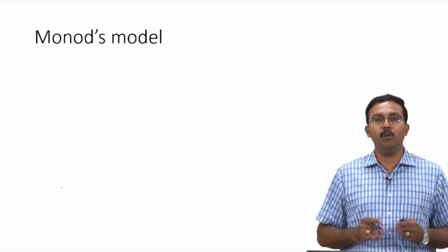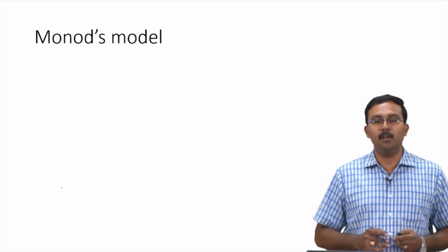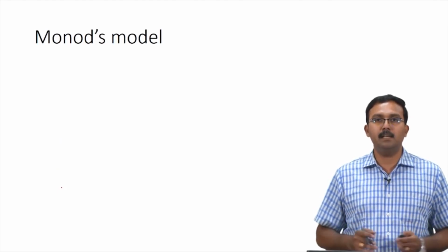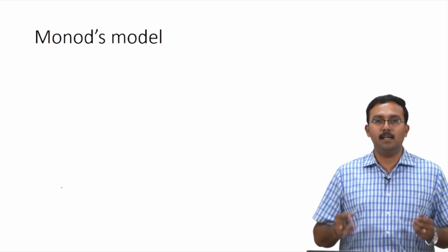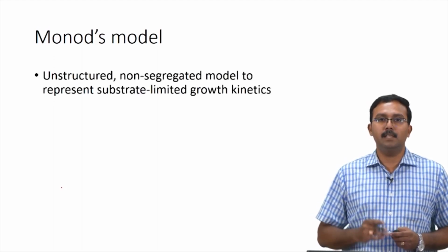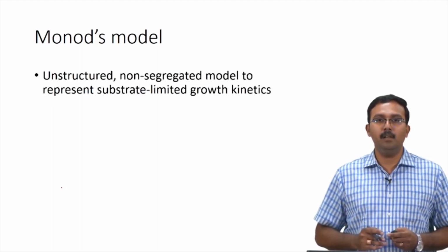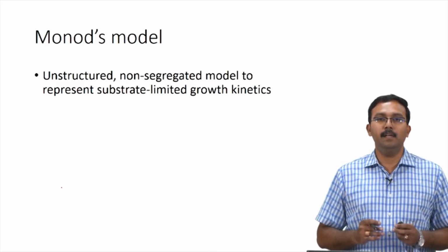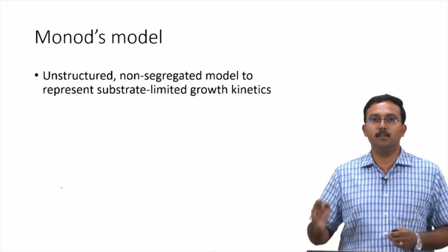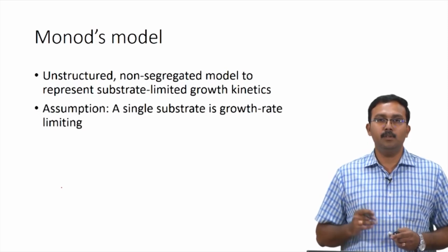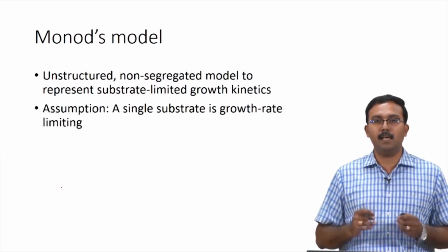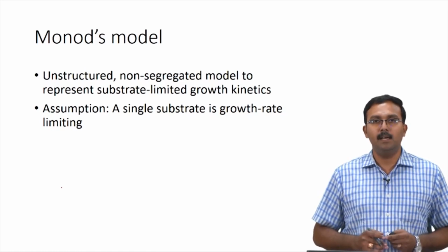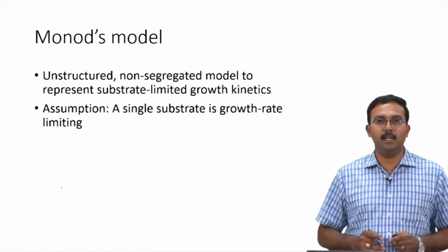As I mentioned, Monod model is one such model which is very popular, and it is consistently used for describing cell cultures. So, this is an unstructured non-segregated model which is used when you have substrate limited growth kinetics. You assume that a single substrate is actually the growth limiting substrate, and the modeling is performed based on that.